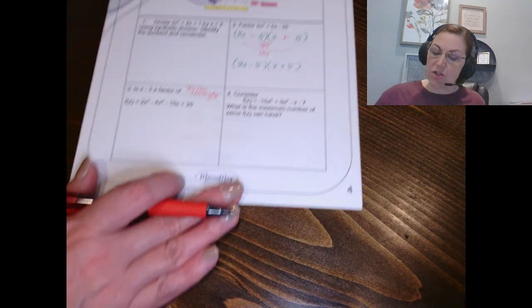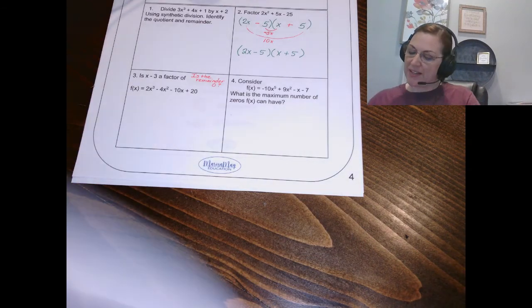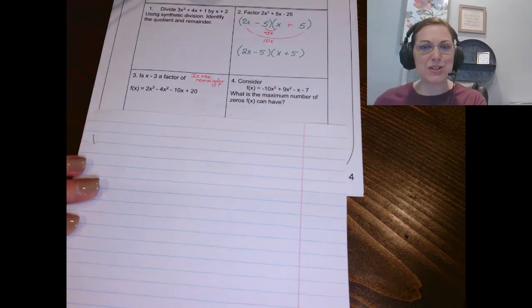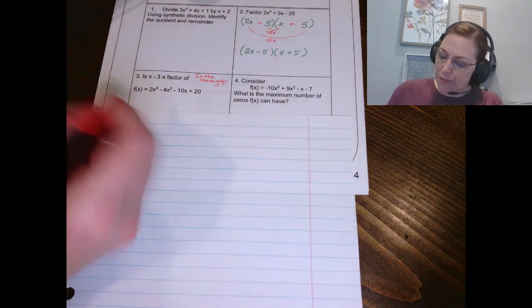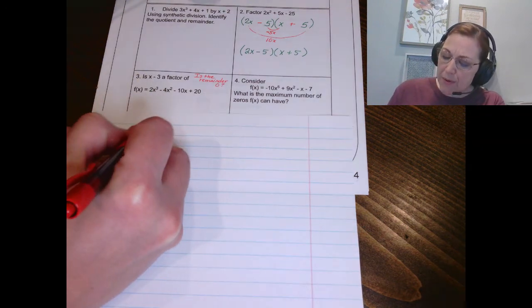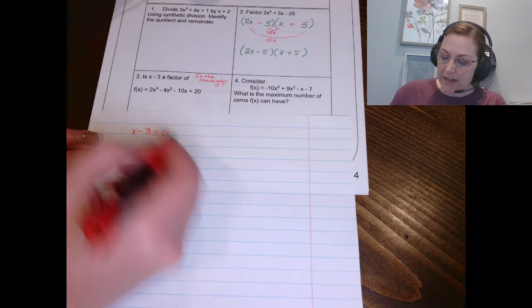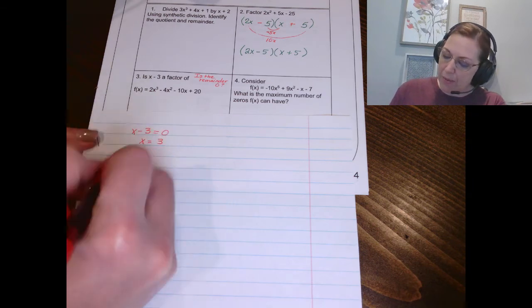Okay, so let's do another example of synthetic division. I'm going to bring my paper back over just because I want to have more room. Remember, the first thing we do is take the divisor and we set it equal to 0. So x is 3.